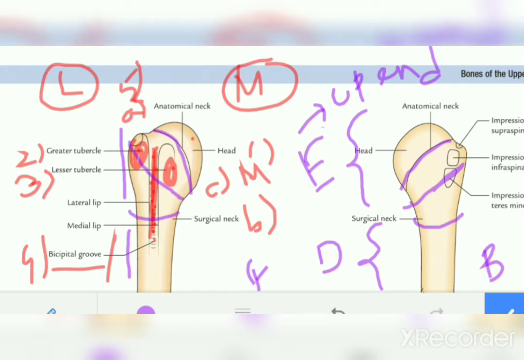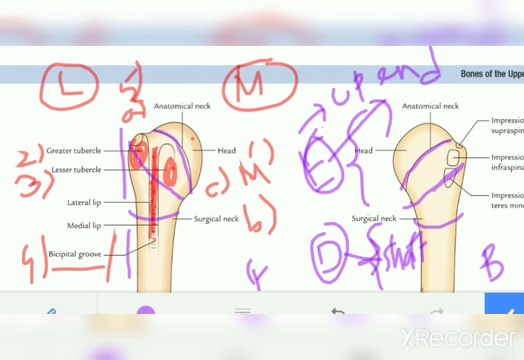The middle one, which was named diaphysis earlier, is now the shaft. So the growing long bone has two epiphyses at the two ends and the diaphysis in the middle. But when the bone is developed, the epiphysis is called upper end and the diaphysis is converted into shaft. So the morphological neck represents the epiphyseal line of a growing long bone. This is the morphological neck here, and this is the morphological neck.